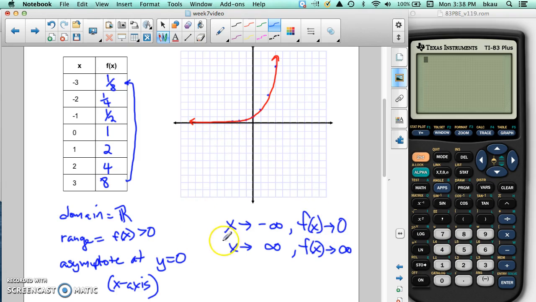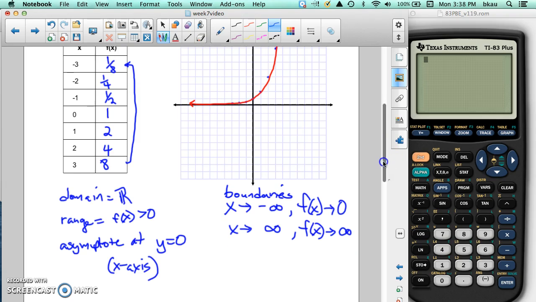But we have these boundaries, what's happening as we go left and right forever. Okay, so it's always positive. It has an asymptote at the axis. Its domain is all real numbers. We approach 0 here. It always looks like this curve turning upward. So those are some of our properties of exponential functions.